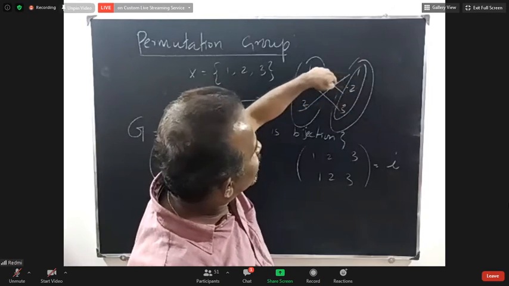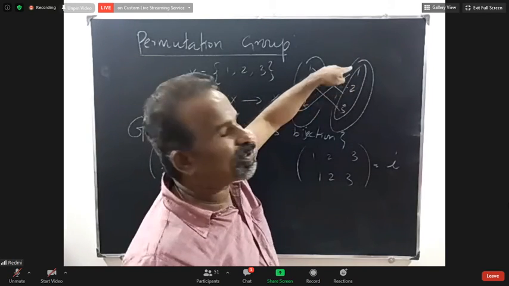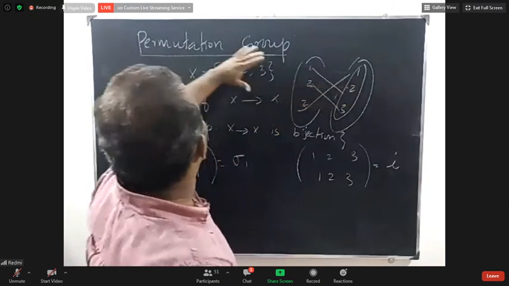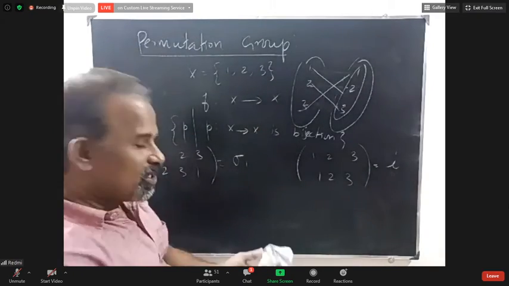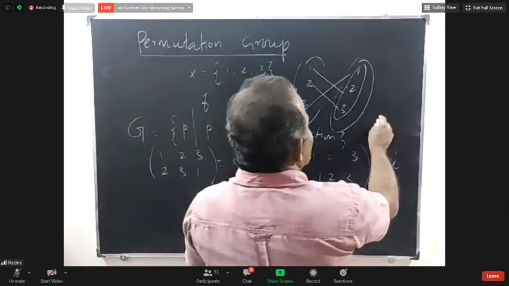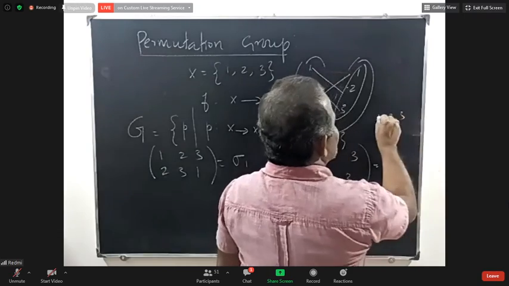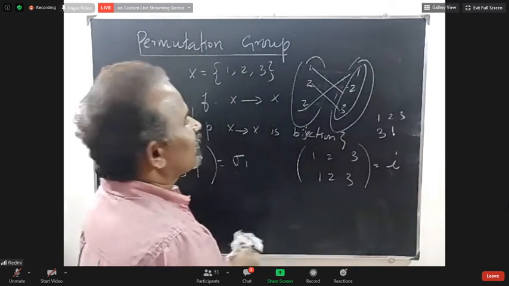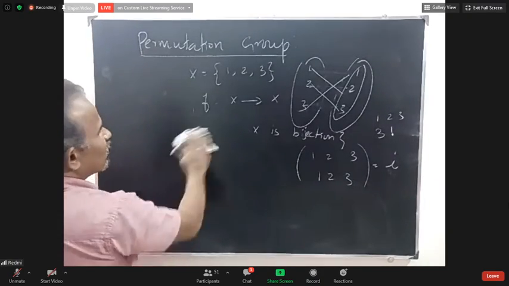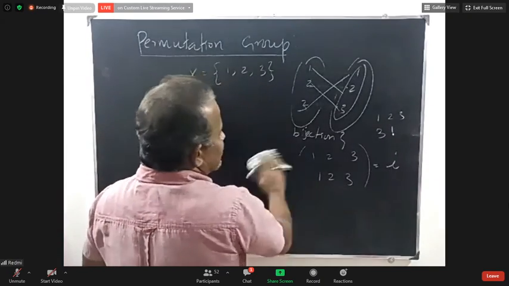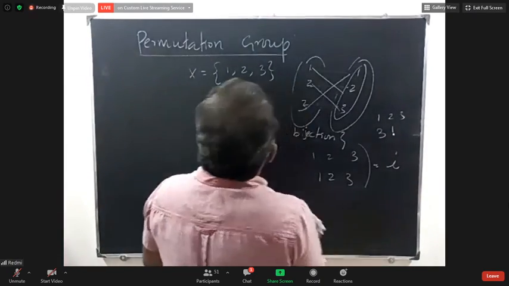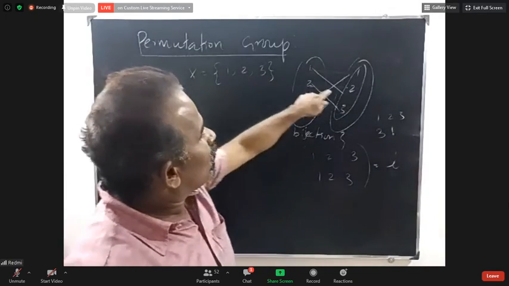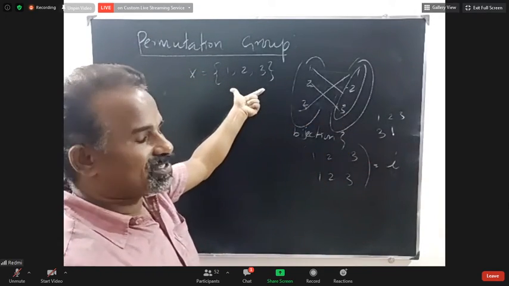How many ways that can be arranged is nothing but permutation. Therefore, this group is called the permutation group. There are 3 letters, therefore 3 factorial ways we can arrange. So any set X consisting of 3 elements, we can make 3 factorial functions.